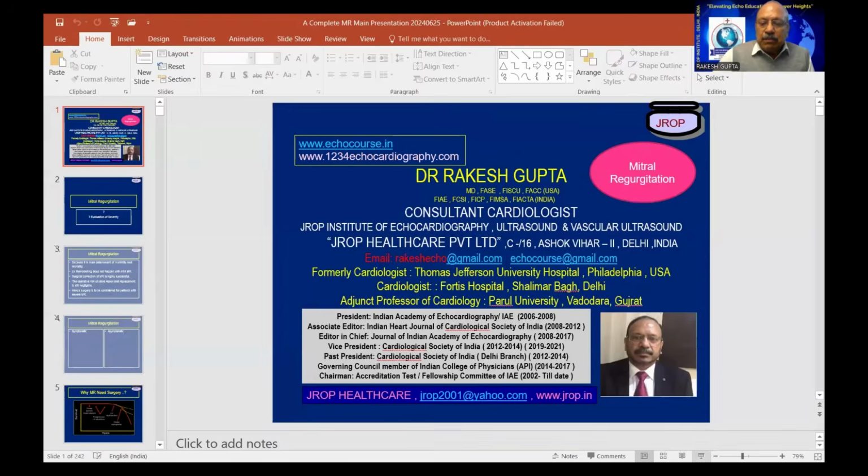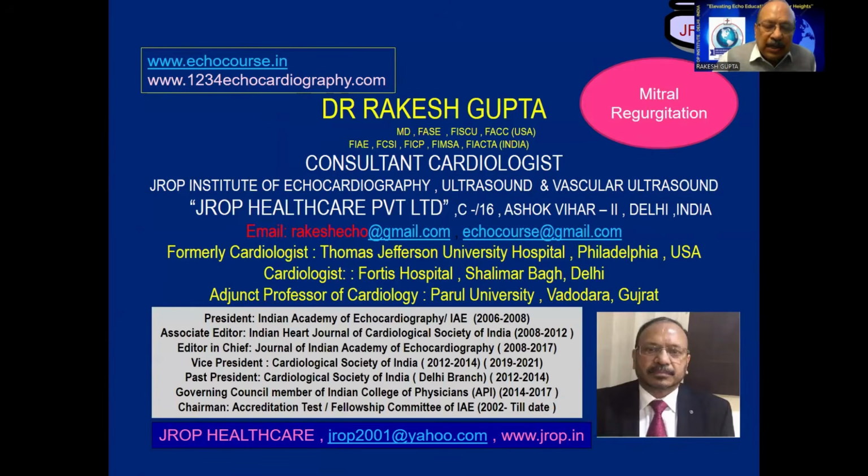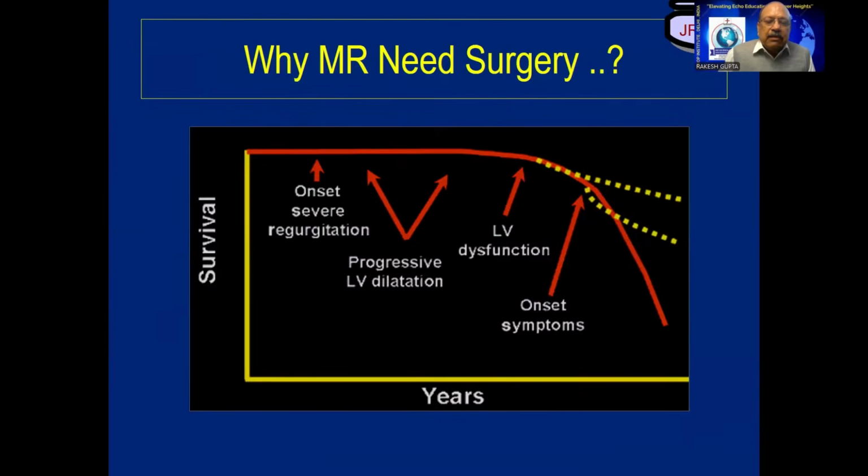Well, the most important part for any mitral regurgitation to begin with is how does the valve leak? How much is the leakage? How do we decide about it? And what is the prognostic value? If you look at this chart very carefully, till the patient develops the symptoms, everything looks good. Then comes the onset of severe mitral regurgitation, progressive LV dilatation, LV dysfunction, and onset of symptoms.